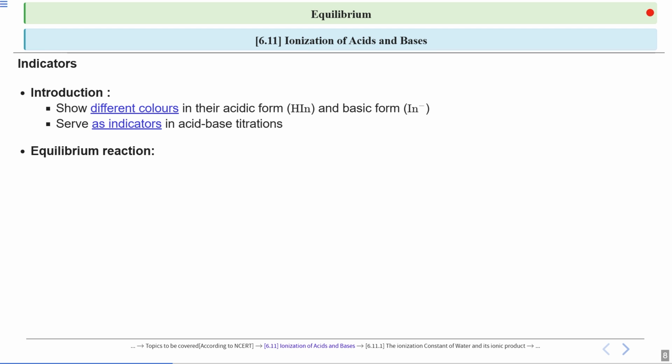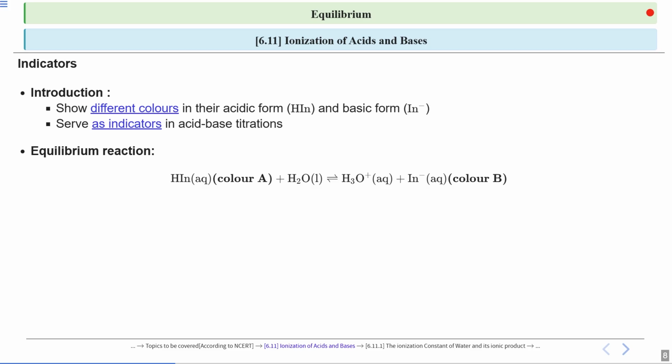It is seen that indicators are those substances which show different colors for the acidic and basic form. Suppose we have this HIn and we are reacting it with water. Then you will see that the acidic form, which is HIn, shows color A, and the basic form, which is In minus, will show color B.